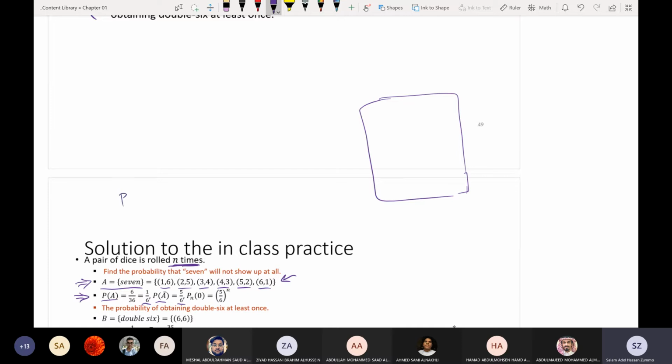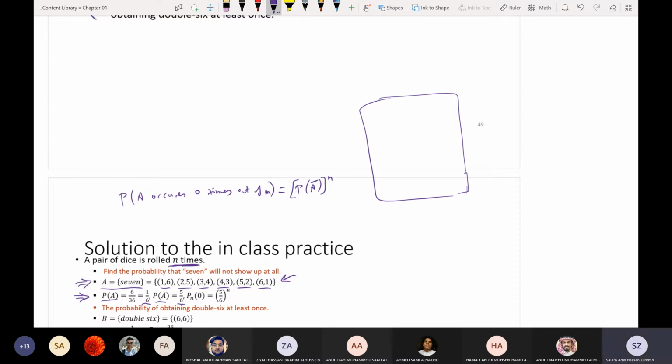So the probability of 0 sevens, or let me say, the probability that A occurs 0 times out of n equals what? Equals the probability of A complement to the power n, right?